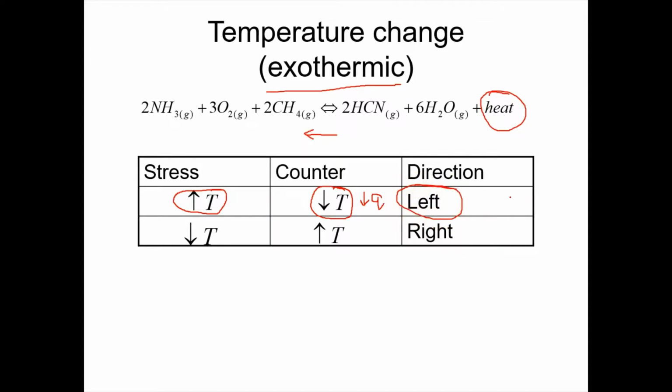The question could ask, what happens to the concentration of HCN? HCN's right here. What happens to the concentration of HCN when you increase the temperature on this? Well, if the reaction is going to the left because of all this, that means that the concentration of HCN is going to drop.